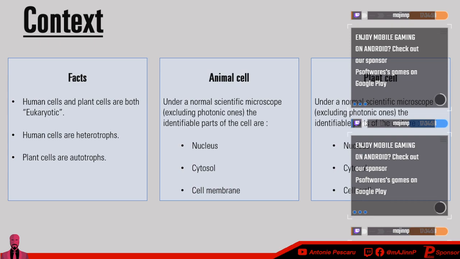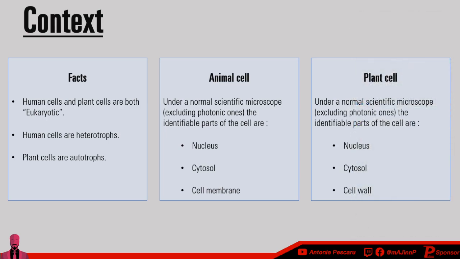Now, here's where the differences arrive. The human cells, in this case the animal cells, but the human epithelial cell that I just showed you previously, are heterotrophs. What does that mean? That's a fancy word for saying that they need to consume organic compounds, I would assume organic chemicals.